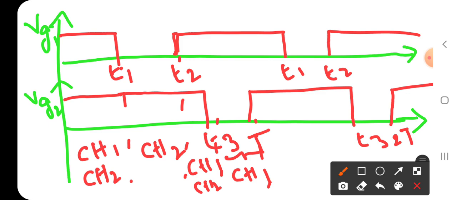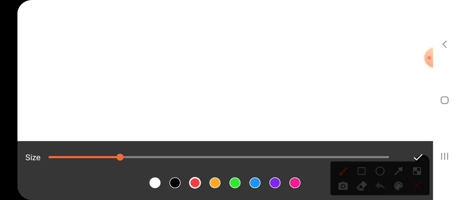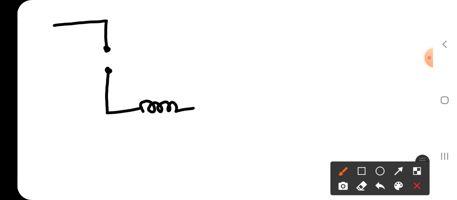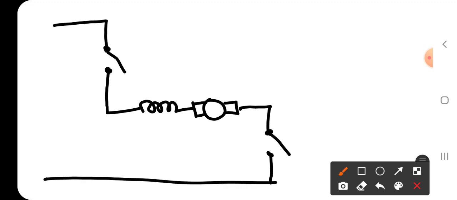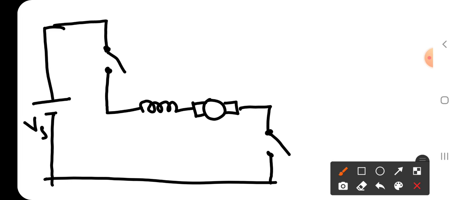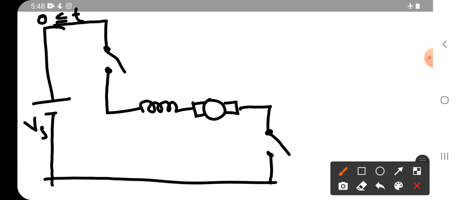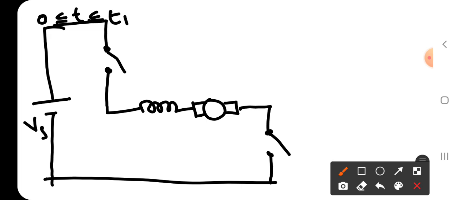The first case is chopper 1, the load that is the motor, and chopper 2, where we are applying the voltage Vs like this, from 0 less than or equal to t less than or equal to T1, which I consider as mode 1.